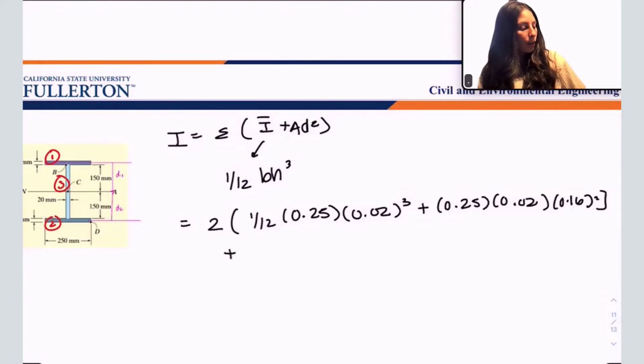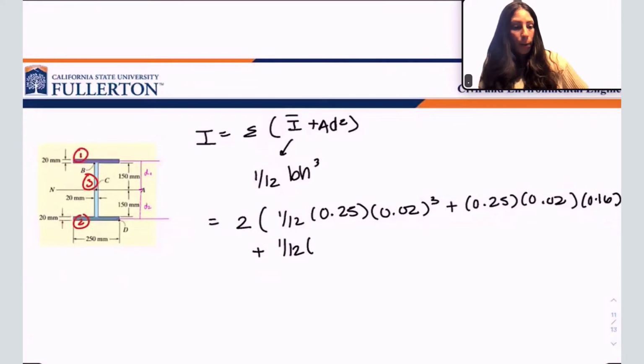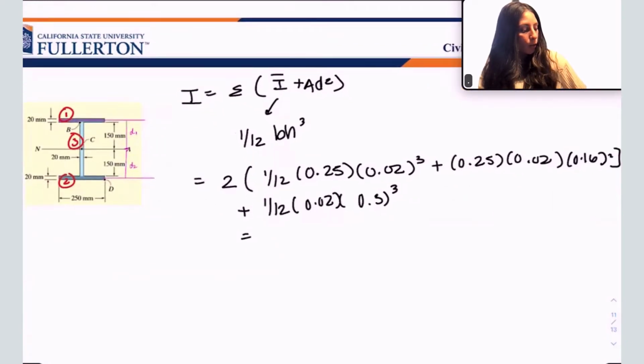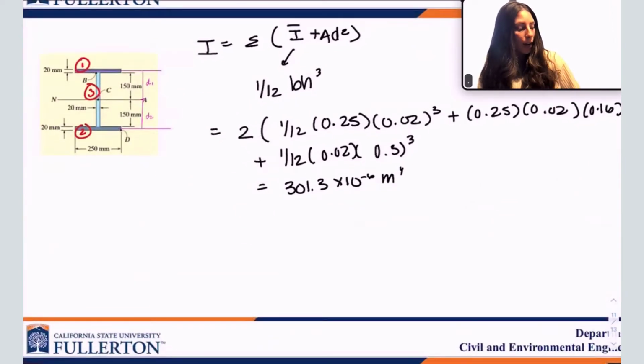Now I'm going to add 1 over 12, base of the web, which is 0.02, times height of the web, 0.3 cubed, and I get a moment of inertia of 301.3 times 10 to the negative 6 meters to the fourth. And now I just need my C value. What is my C value?